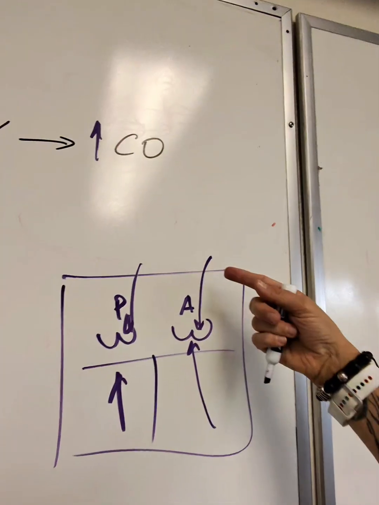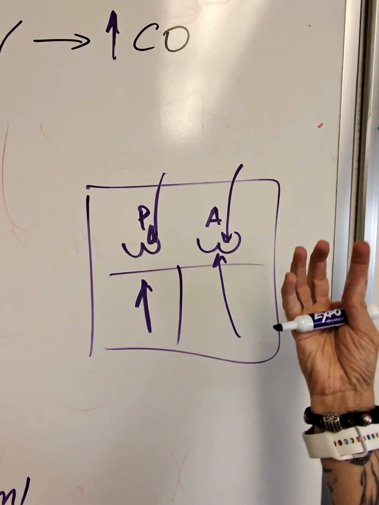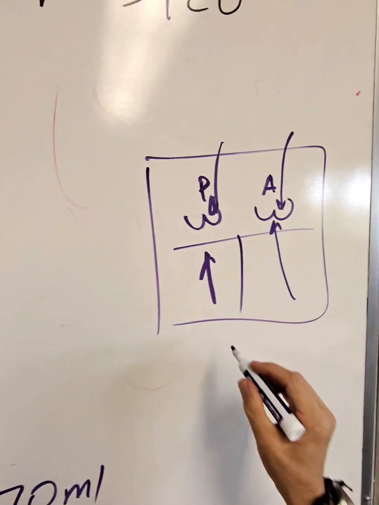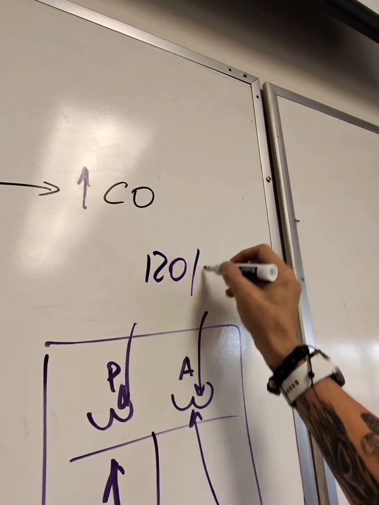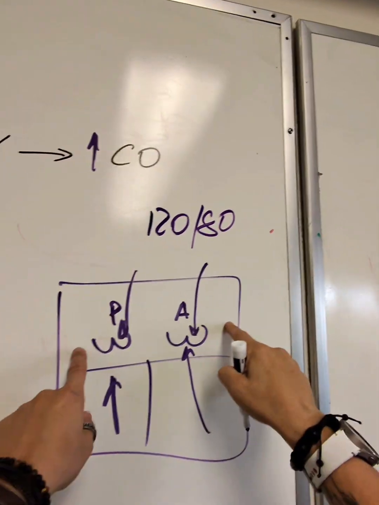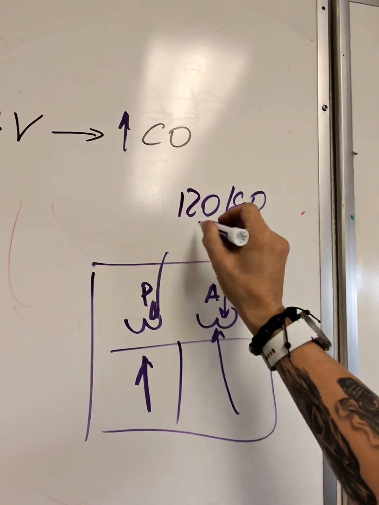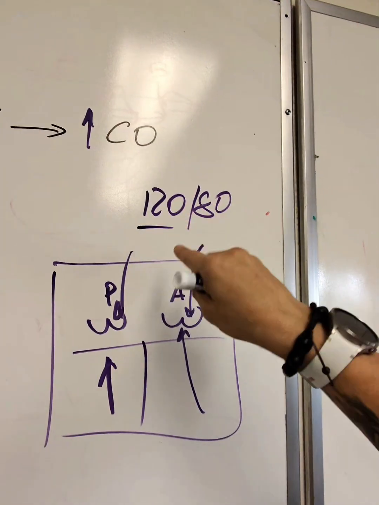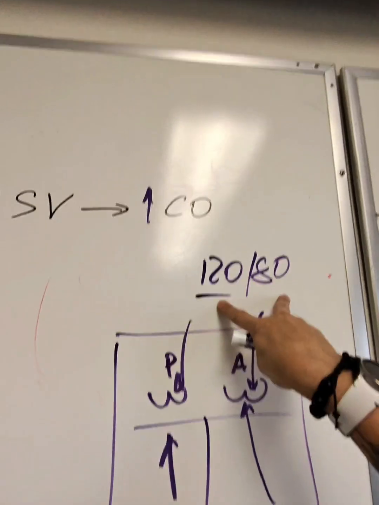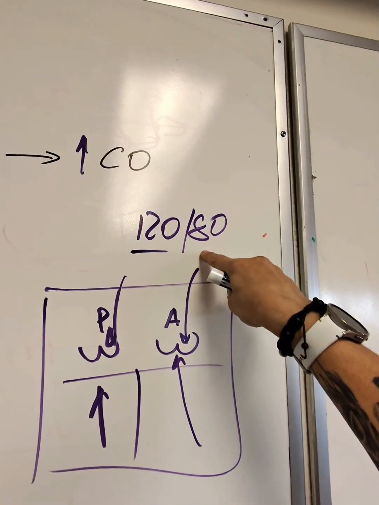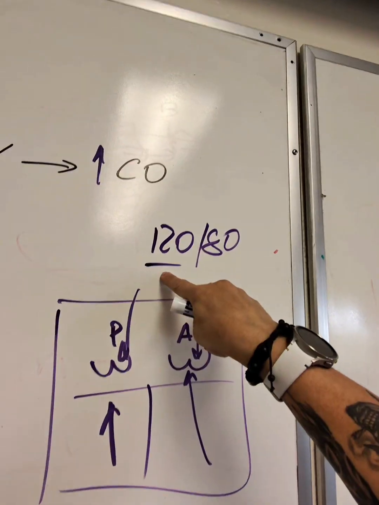Let's say during the diastole, right before the contraction, the pressure is about 80. And the ventricles must overcome this pressure. So they have to eject the blood with approximately 120. That's an average for healthy males and females. This is the diastole. This is the systole.